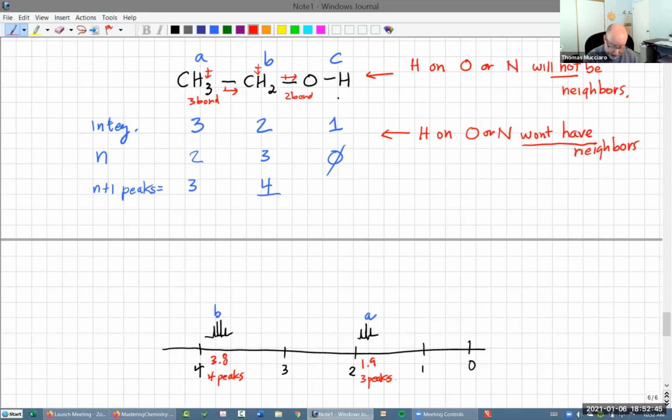Now, the oxygen OH changes its position depending on the concentration for reasons we'll talk about tomorrow. So I'm just going to pick a place. It's just going to be a blob right there. That's going to be C. It's going to have 1 peak, because when you have 0 neighbors, 0 plus 1 is just 1. Okay?